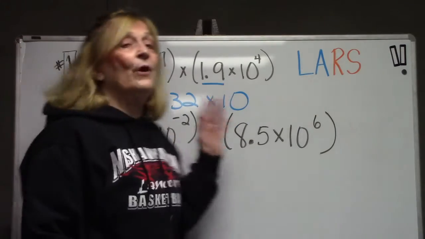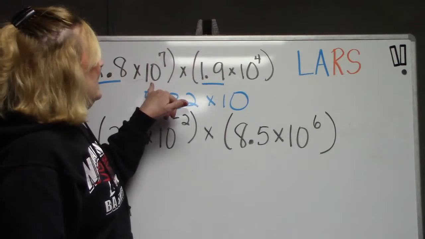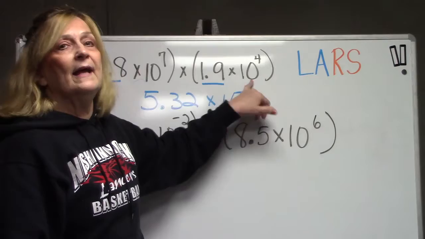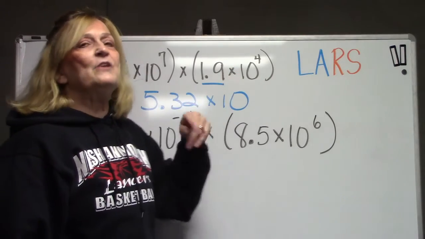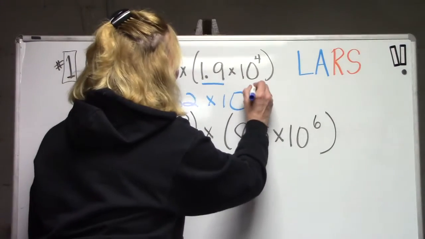And if you remember our rules for exponents, the rule was if they have the same base, which they do, base 10, and you're multiplying them, then you simply add the exponents. So 7 plus 4 is 11.